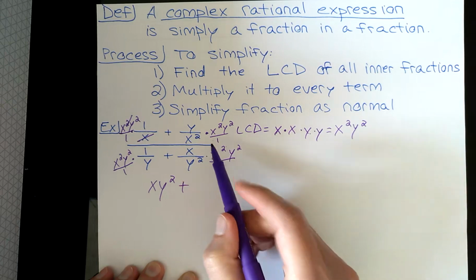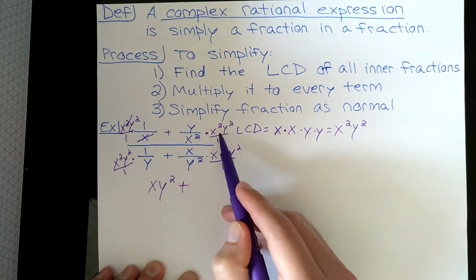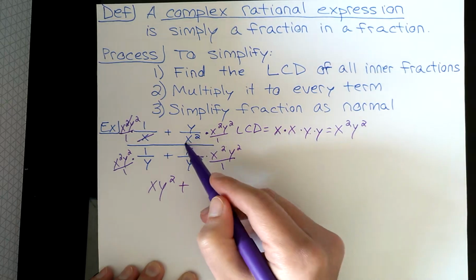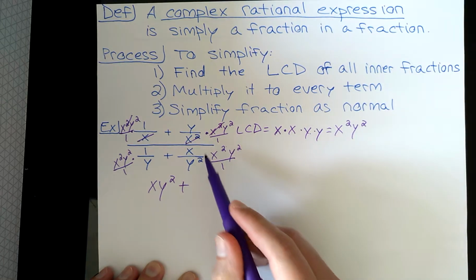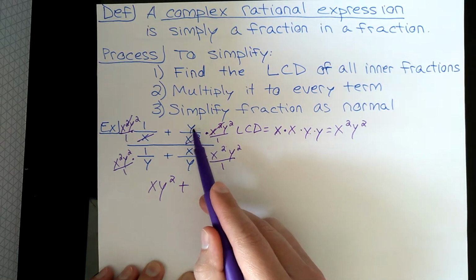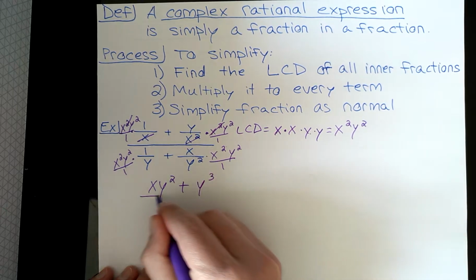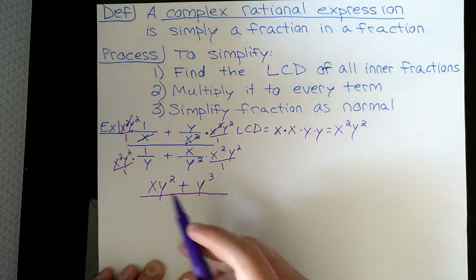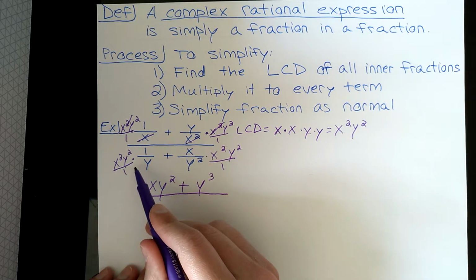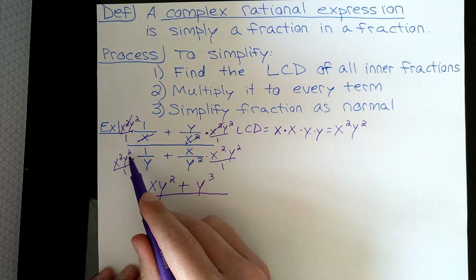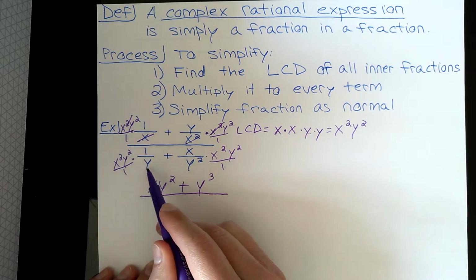Plus, over here we can cancel an x squared from the top and bottom, leaving us with just y times y squared, which is y cubed. In the bottom left, we have a y squared in the top and a y in the bottom.